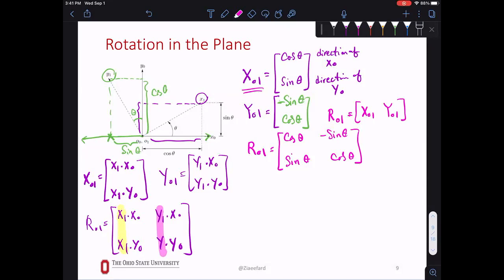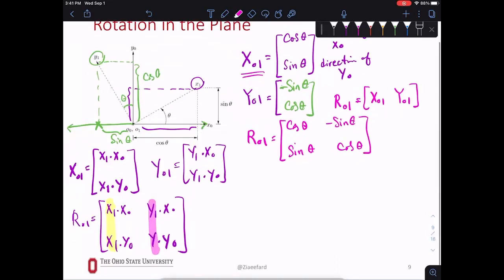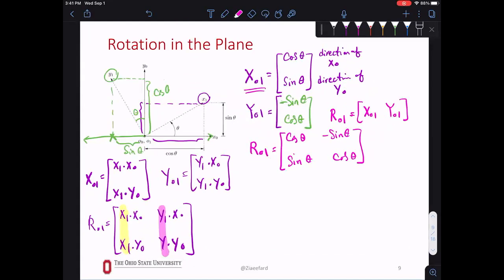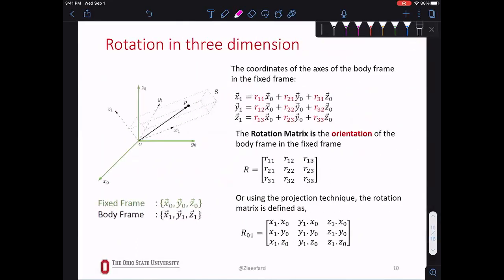So 1 times cosine of theta is basically the same. Okay, my pen has decided not to work for some reason. So this one is y1. I'm trying to put 1 here. It doesn't work. I'm going to fix that, but meanwhile, same thing for 3D, you just have all 3 axes, and here x0, y0, z0, x0, y0, z0. So these are the direction cosines in 3D.